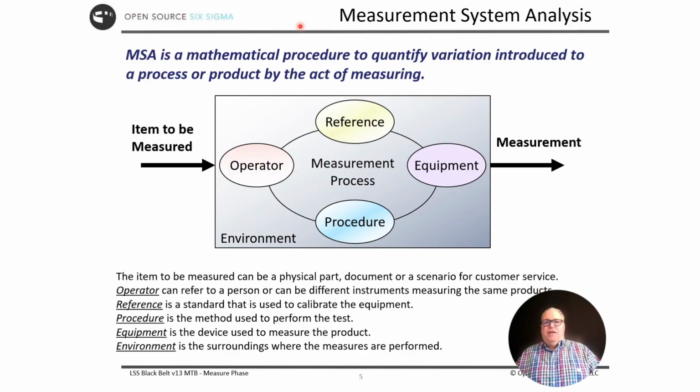Although we use them interchangeably, sometimes we call these gauge R&R studies, we try to refer to them as the total measurement system. The reason being that it's not just the piece of equipment, it's the person, it's the procedure, it's the environment, a point of reference that the gauge may go back to, and those things in total represent the measurement system, which then produces a data point or a measurement for our project.